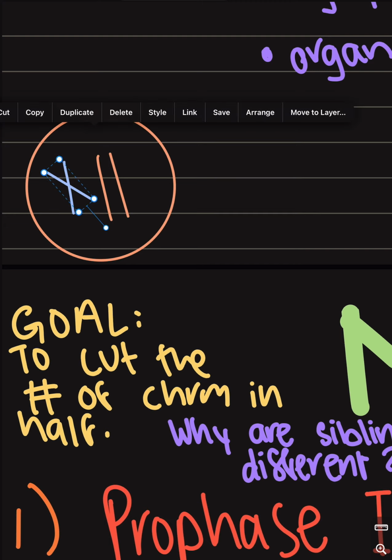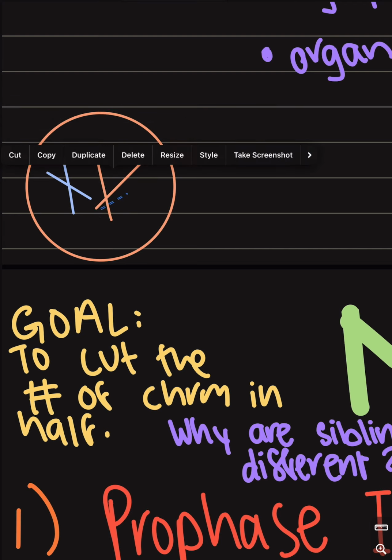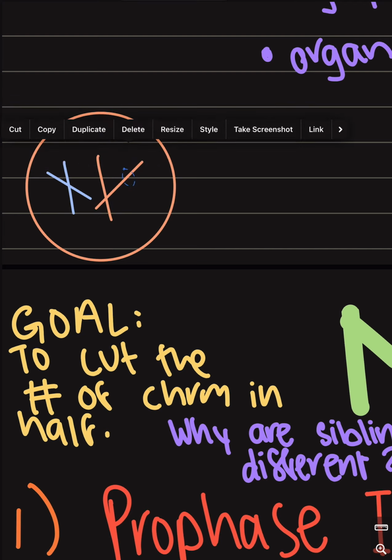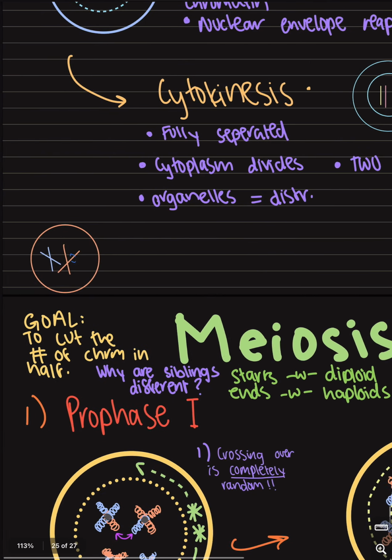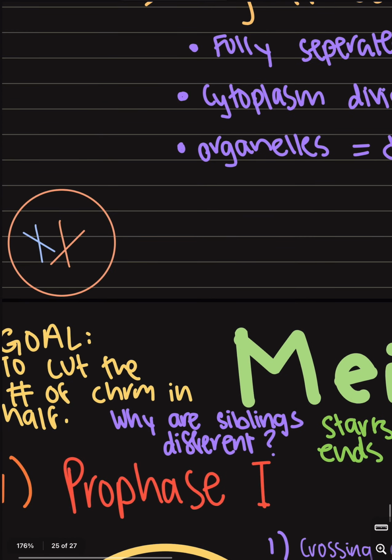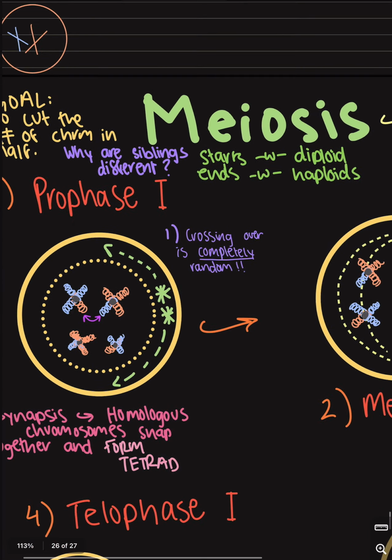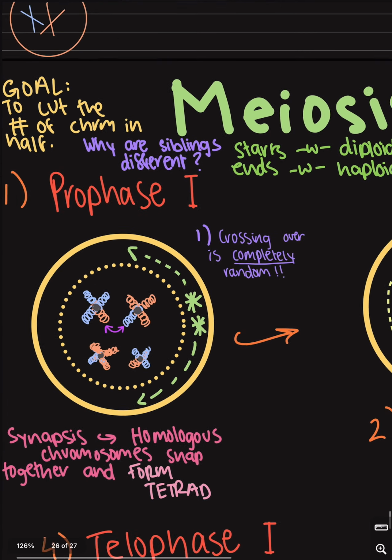So we got two X's. But the thing is, these X's, these sister chromatids, are still homologous. The chromosomes are still homologous chromosomes, but they now consist of sister chromatids.